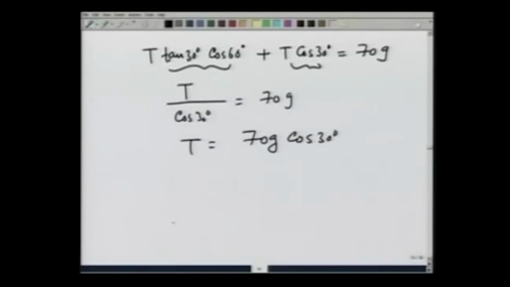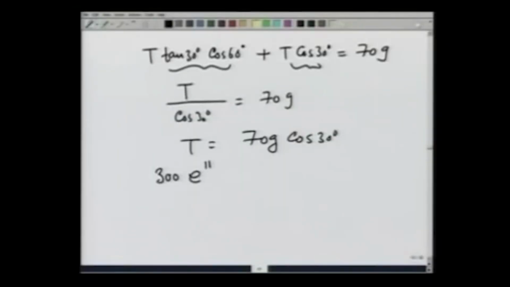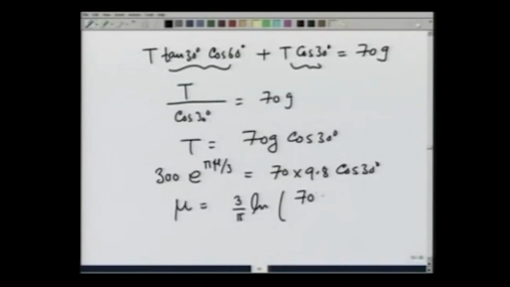T we have already calculated is 300 newtons times e raised to pi mu divided by 3, which is equal to 70 times 9.8 cosine of 30 degrees, and therefore mu comes out to be 3 over pi log of 70 g cosine 30 degrees over 300.